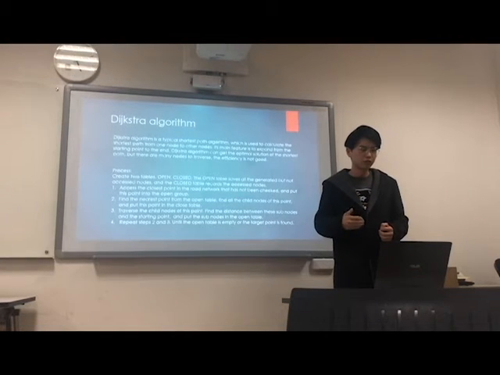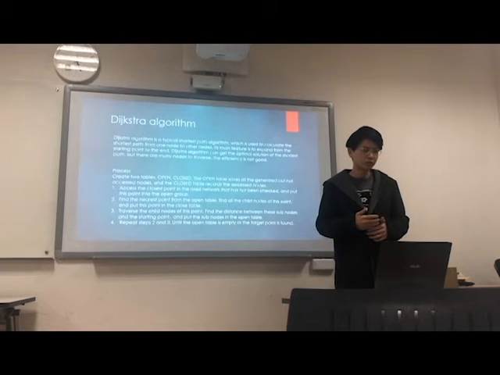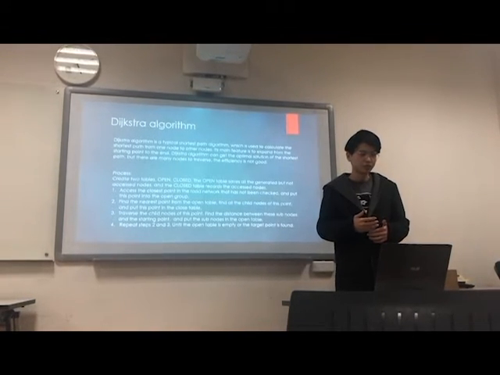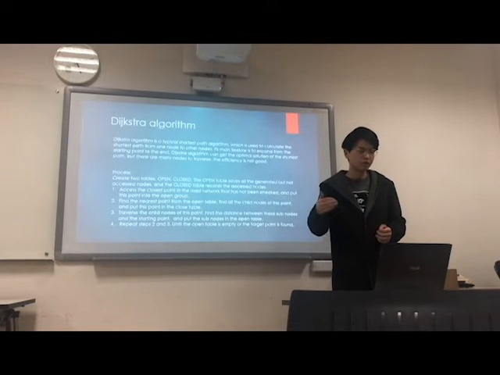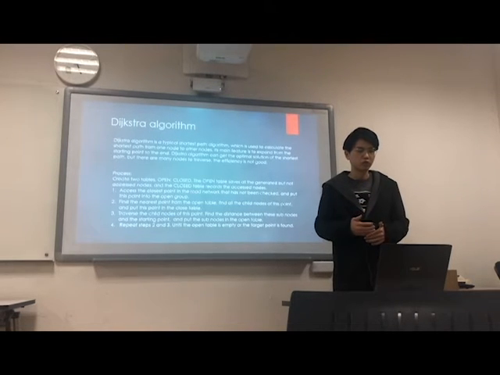Then, for these child nodes, find the distance between them and the starting point, put the child nodes in the open table, and repeat steps 2 and 3 until the open table is empty and all the points are found.